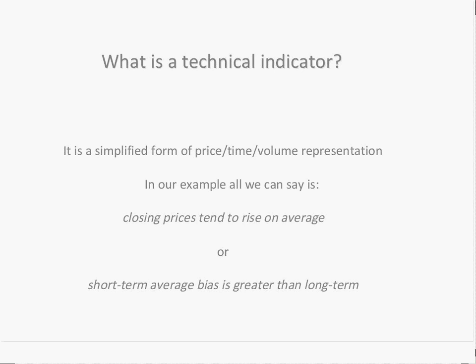We use technical indicators as explanations or definitions of market inefficiencies or market processes. So a slightly better representation is, for example, saying that close prices tend to rise on average, or short-term average market bias is greater than long-term.